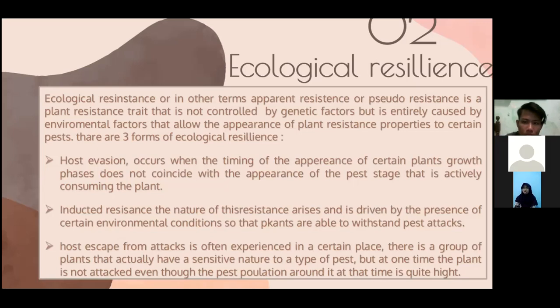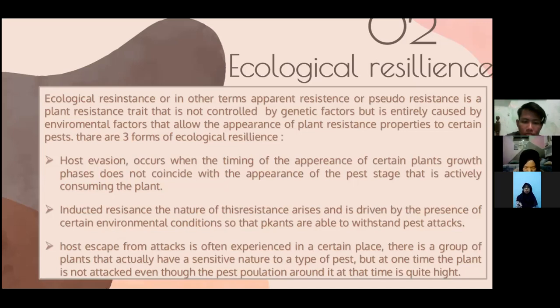Two, ecological resistance. Ecological resistance, or in other terms, apparent resistance or pseudo-resistance, is a plant resistant trait that is not controlled by genetic factors, but is entirely caused by environmental factors that allow the appearance of plant-resistant properties to certain pests.